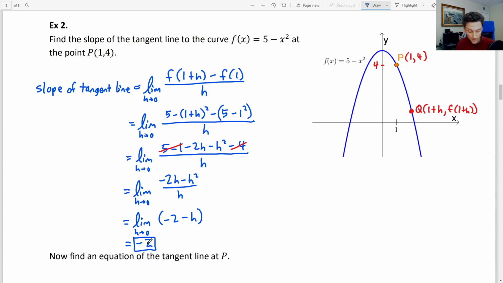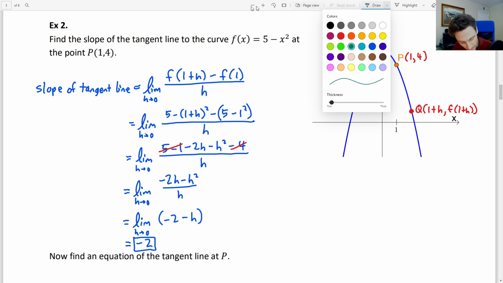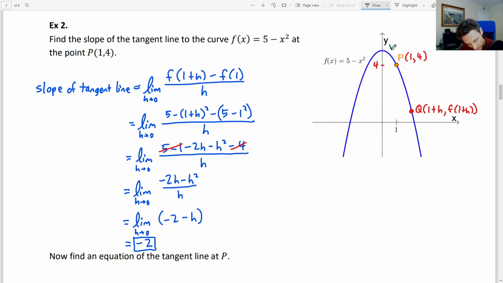So the slope of the tangent line at this point, or at an x value of 1, or you can say the point, which is 1, 4, the slope of that tangent line is going to be negative 2. And that's the tangent line, not the secant line. So if we draw a tangent line, just barely hitting it right there, that has slope negative 2. That seems about right. It's negative. It's definitely going down as you go to the right.